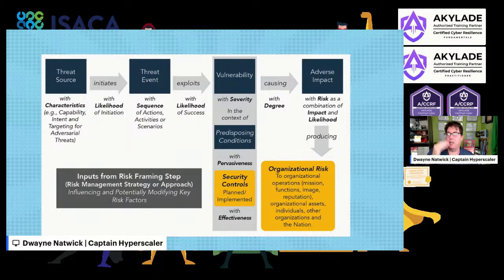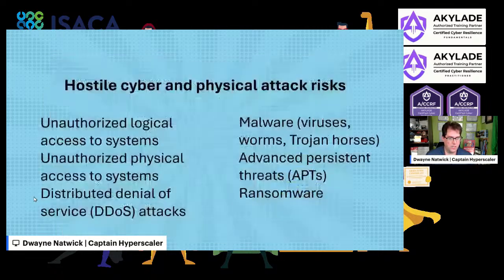So those become paramount to how we handle risk and how we look at risk within our organization. And so we need to understand the various risks that we have.